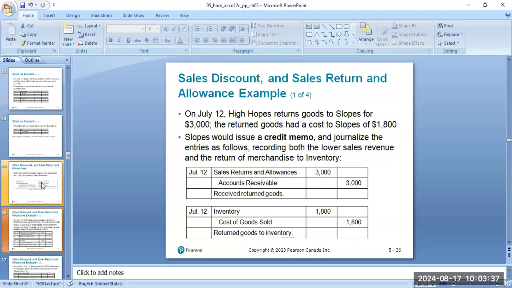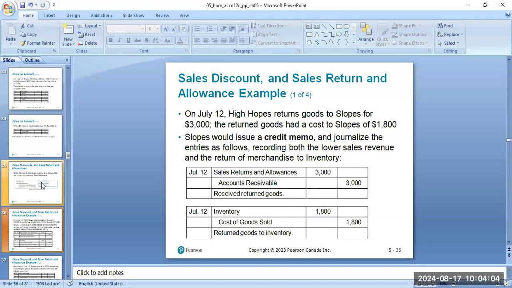Now what do we have to do? We have to get those units back to us. So that means our inventory is going to go up, but not at the price that we sold it to the buyer. It will come to us at the original cost, which is only $1,800. So what are we going to do?